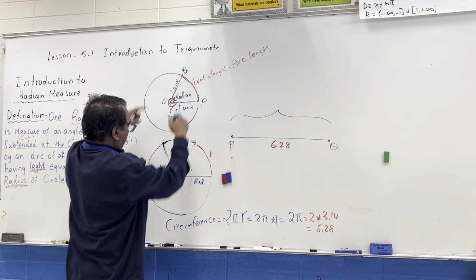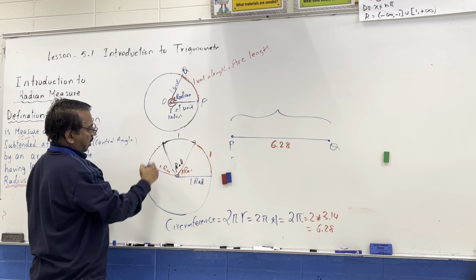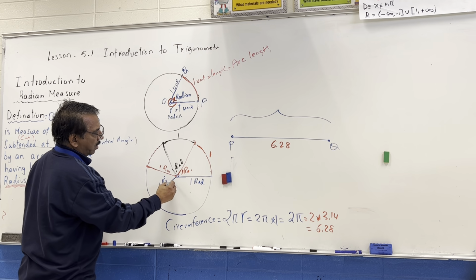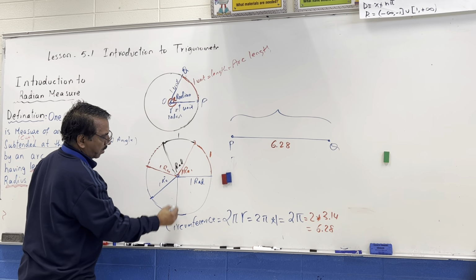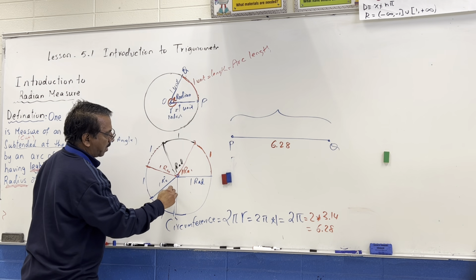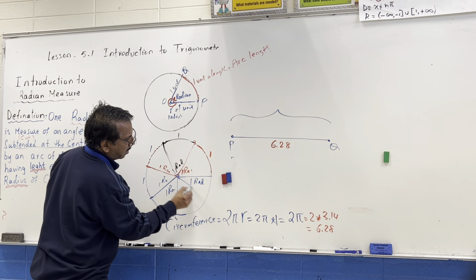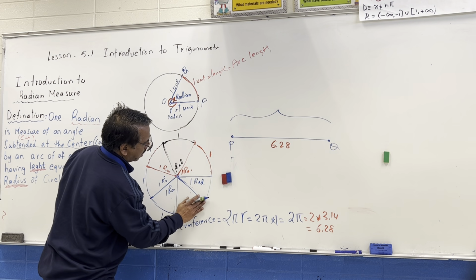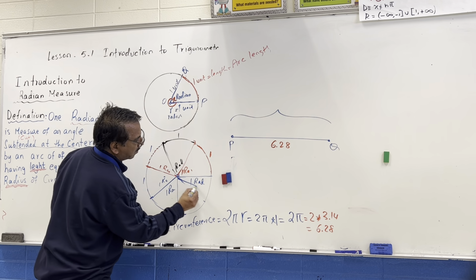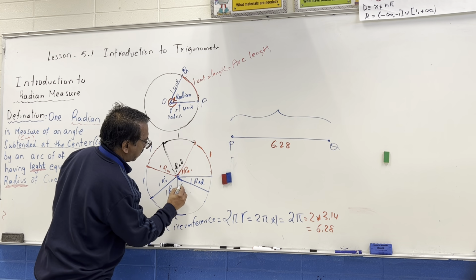What it means is, how many of these can you see? Here I showed 1, 2, 3, maybe 4, another 1 radian, and maybe 5, another 1 radian, and then another 1. I'll make it a little longer maybe here, and this is another 1 radian.